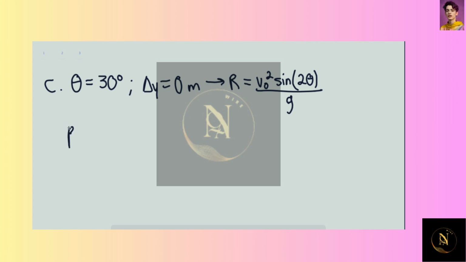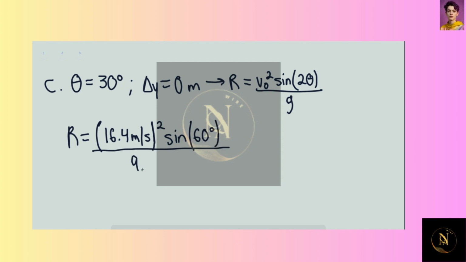We have v initial that we found in part B, 16.4 meters per second, squared, multiplied by sine of 2 times 30, so sine of 60 degrees, divided by 9.8 meters per second squared, and we find that the range is 23.8 meters. This is our final answer to part C.